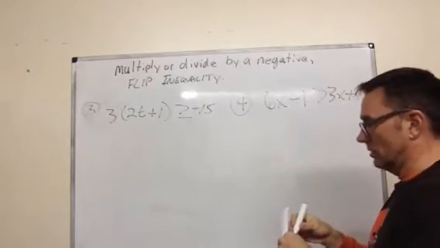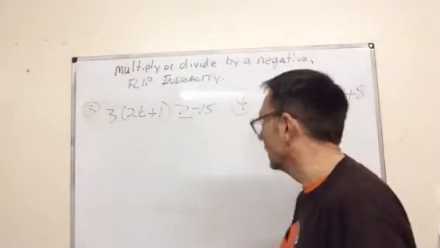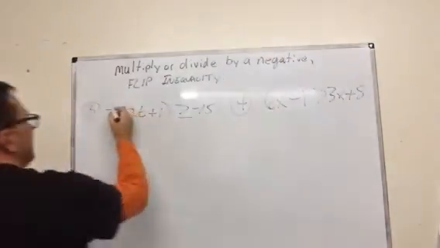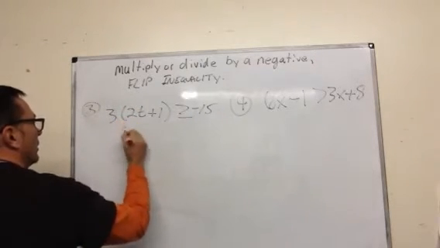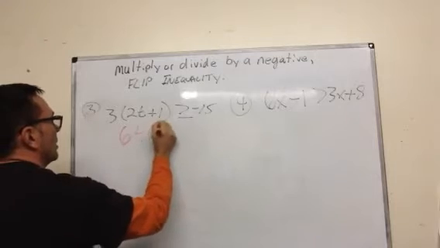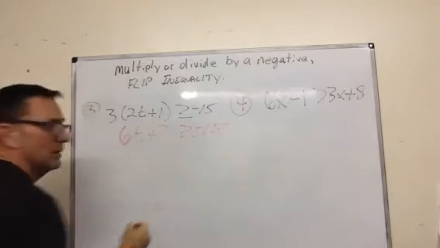So, we need to distribute. So the first step, we just get rid of this. We have 6t plus 3 greater than or equal to negative 15.